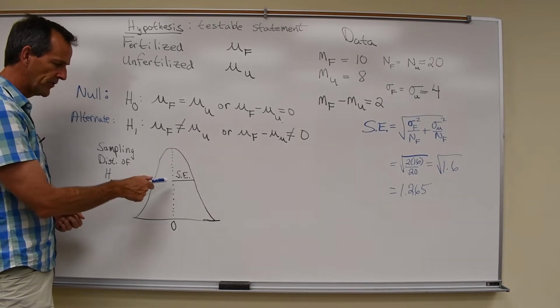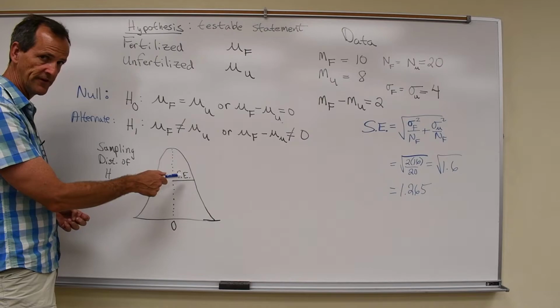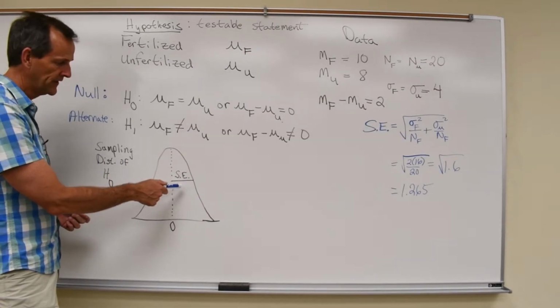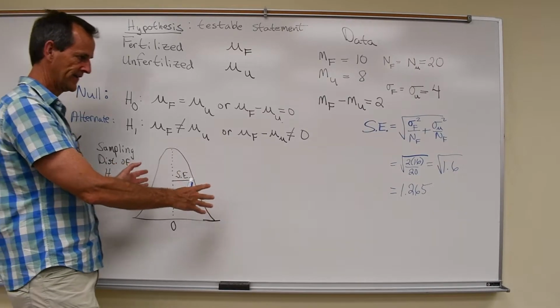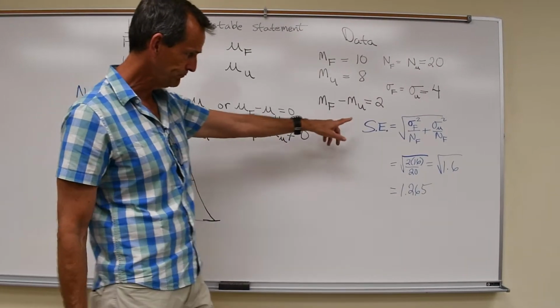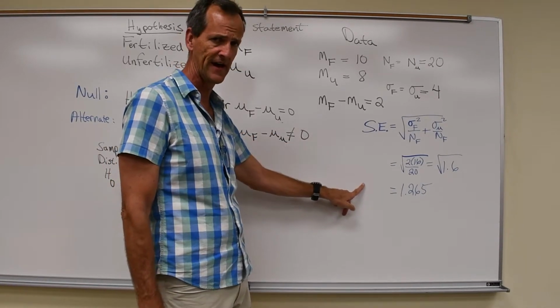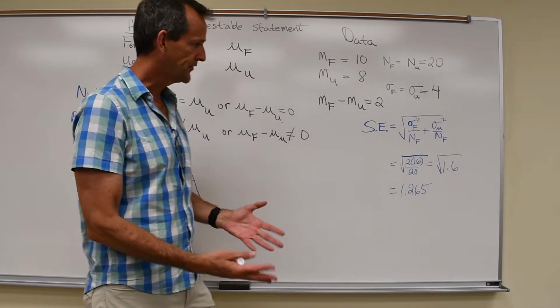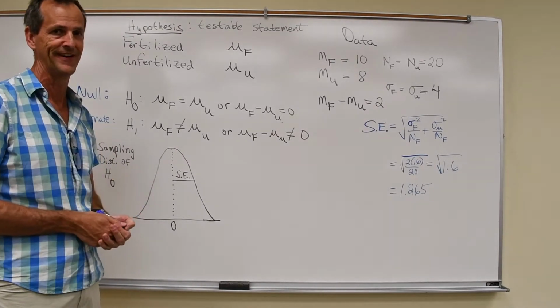Now, remember that the standard deviation of a sampling distribution is the standard error. So if we want to know about how wide this normal distribution is, we would need to calculate the standard error, and that's what I have here. So far this should be fairly familiar territory.